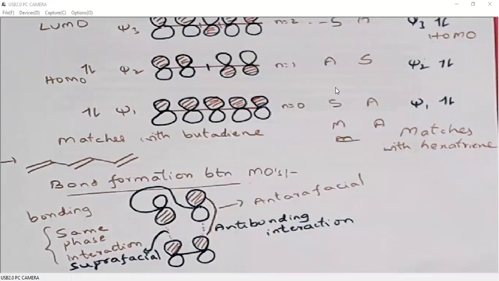Antarafacial bond formations are only possible when we have large chains. It's not possible with ethene. It is not possible with butadiene. If you have large chains, yes, then it is possible, because the large size of the chain will be flexible, so it will undergo rotation.